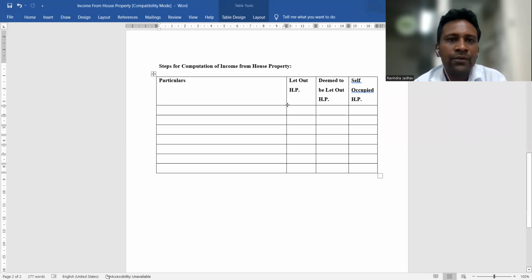Okay, so this is the basic format of computation of income from house property and the steps used in it. See, particulars in case of let out house property, deemed to be let out house property, and self-occupied house property.